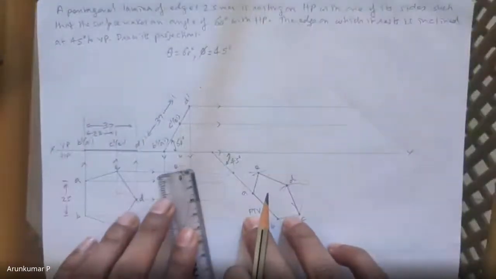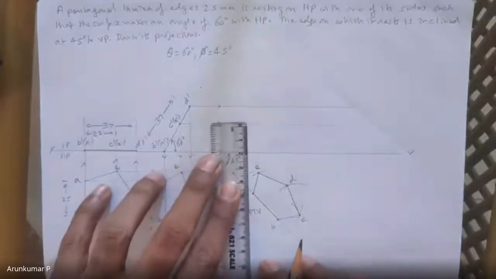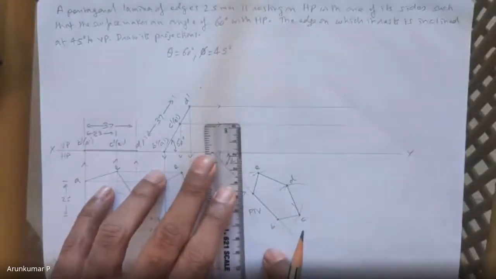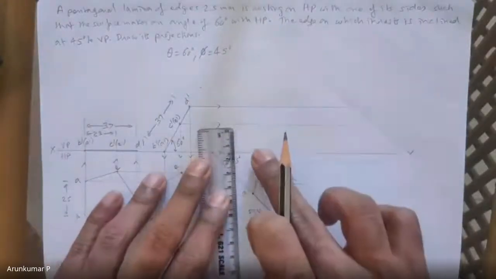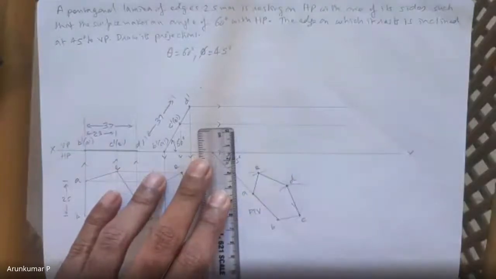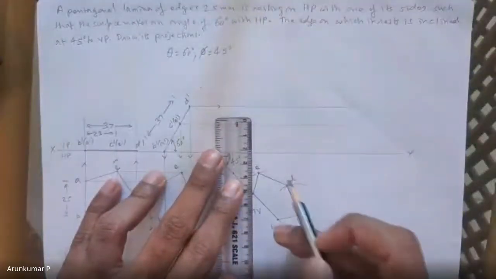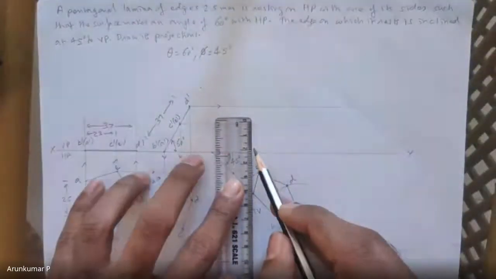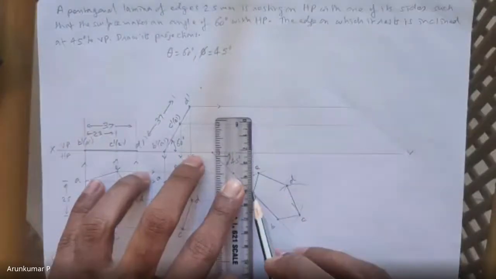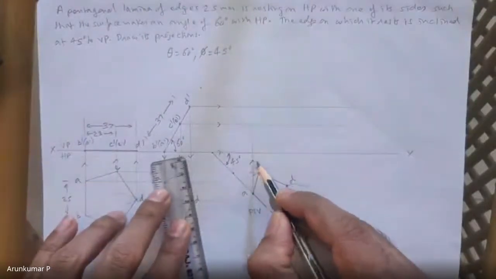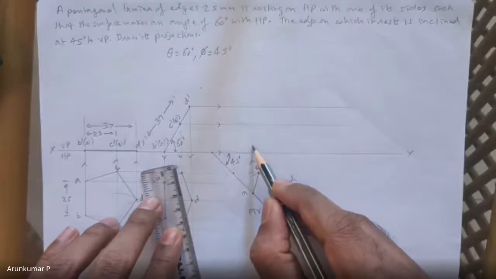So, what I generally recommend in such cases is that you draw the projectors one by one and only till the point it is required. For example, I will draw the vertical projector of A. So please observe how I draw. I'll draw it only till this XY line, slightly above XY line.